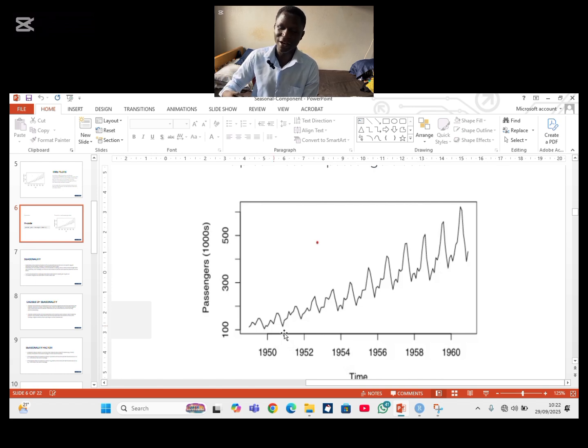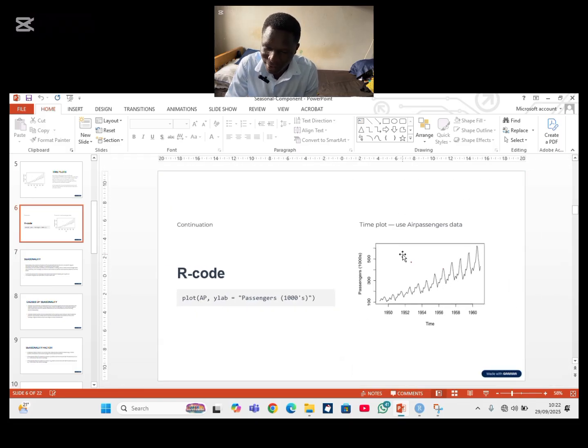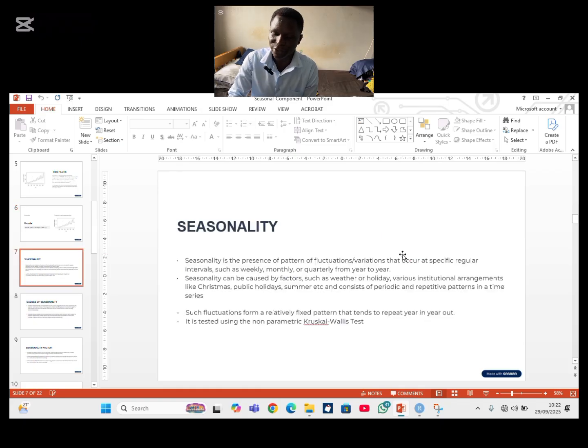So that proportion that is increasing tells us that we should use a multiplicative model. But if this series was increasing at a constant rate, yes, time is passing, but the rate at which it is increasing has remained the same, there we'd use an additive model. But because here it is increasing by a certain proportion, we use a multiplicative model. Yes.